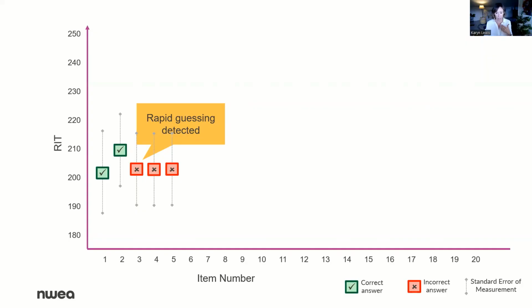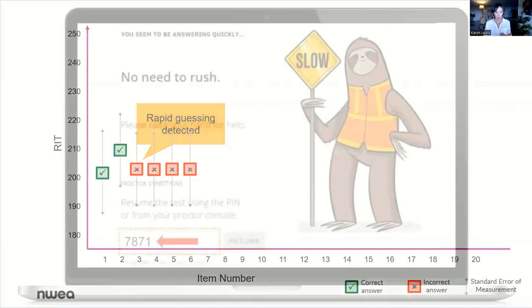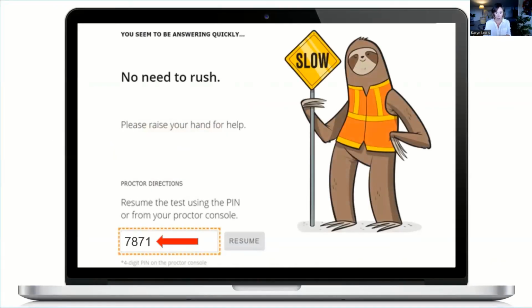Once rapid guessing is detected, we know that we're getting little information about the test taker's actual achievement level, and so that momentary RIT is not updated and the item difficulty does not change. When this happens, students see this guy, our slow down sloth, which gives the proctor a chance to intervene and help the student re-engage with the testing process. That isn't always successful, and when a student rapid guesses on 30% or more of total test items, the test ends and that score is invalidated.